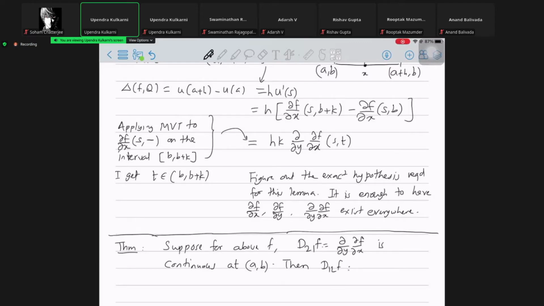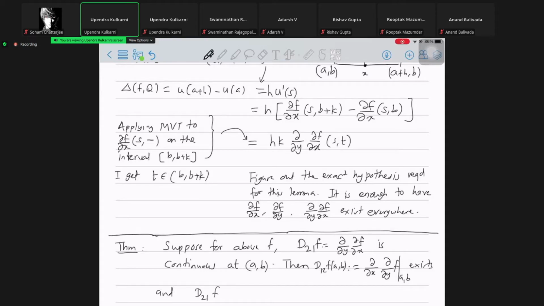d12 f, which is equal to del by del x of del by del y of f, exists, of course, at (a, b). So maybe I should really just say d12 f(a, b) exists, and the two things are equal.